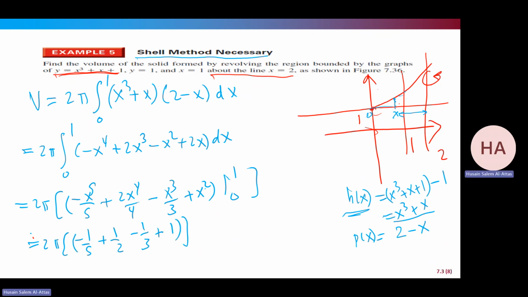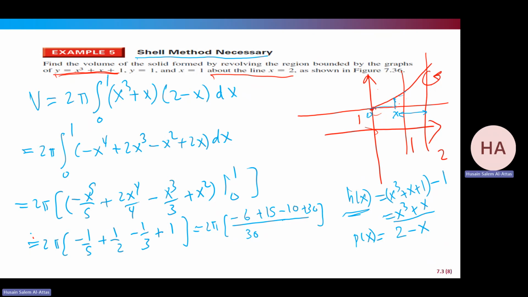I'll make the common denominator 30. That will make it easier. So I have minus 6 plus 15 minus 10 plus 30.